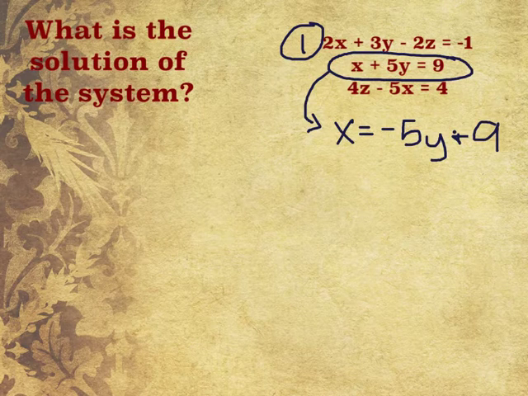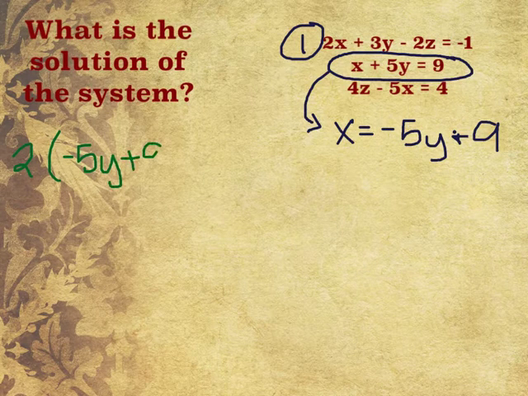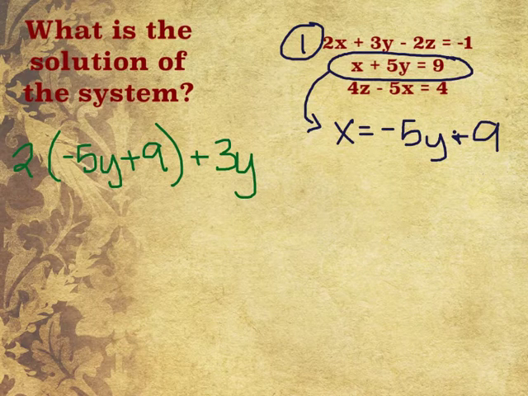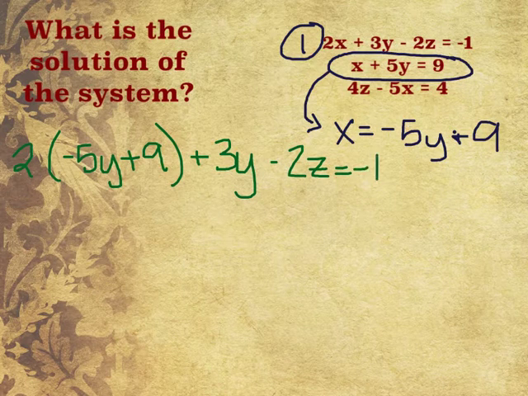So it says 2x plus 3y minus 2z equals negative 1. What I'm going to do is plug in that value for x instead. 2 times negative 5y plus 9, there's our substitution, plus 3y minus 2z equals negative 1.